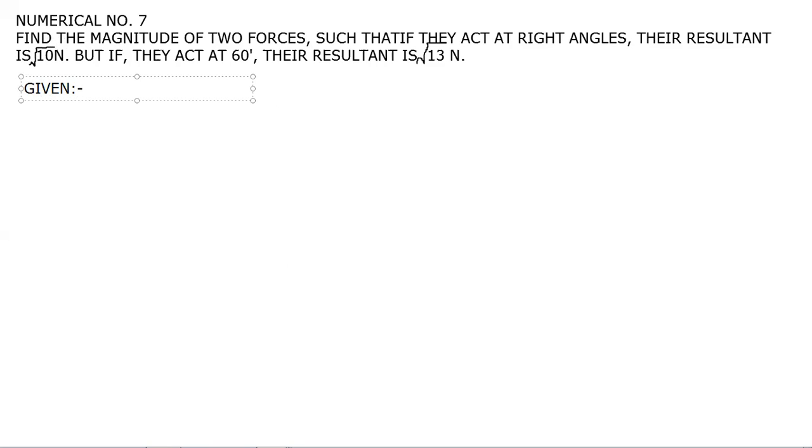So two angles are given here: theta 1 equal to 90 degree and theta 2 equal to 60 degree.